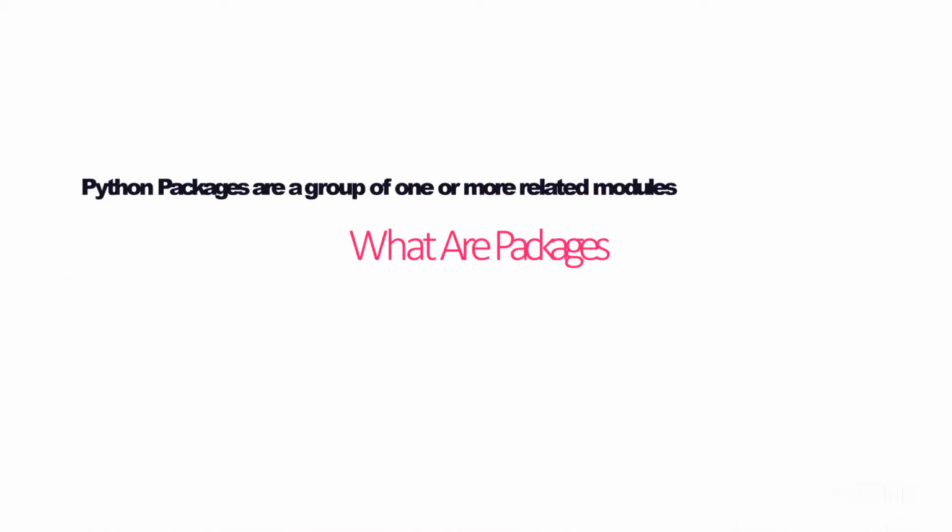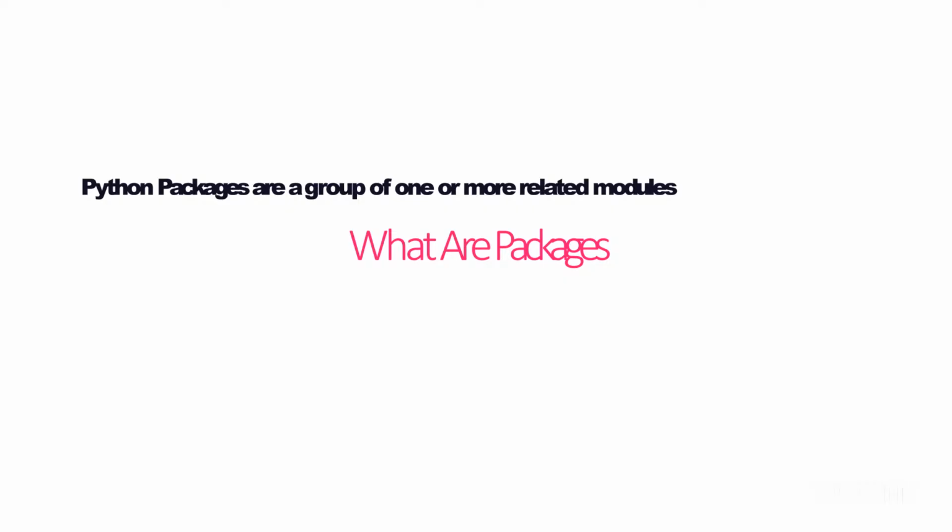As you understand, a package is a group of modules. What is a module? If we write any functionality in a file and save it as .py, then we call it a module. So this is what packages are.